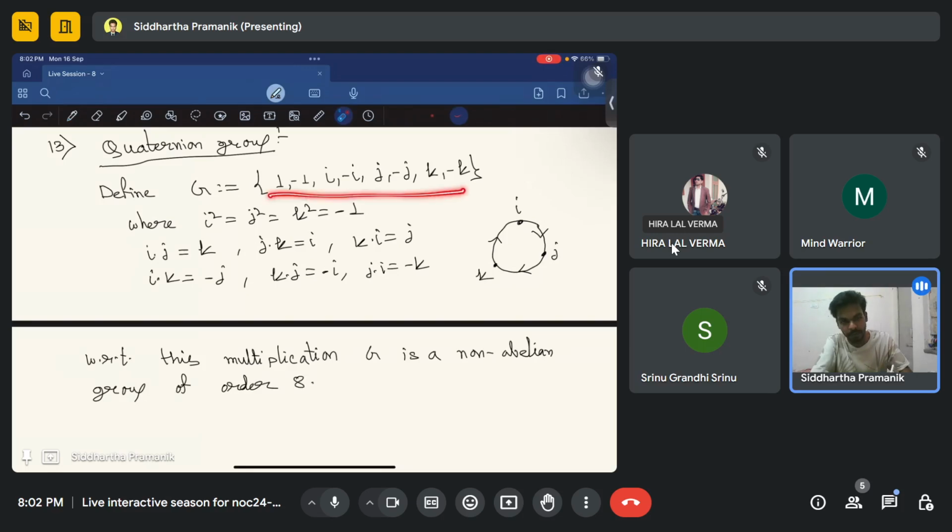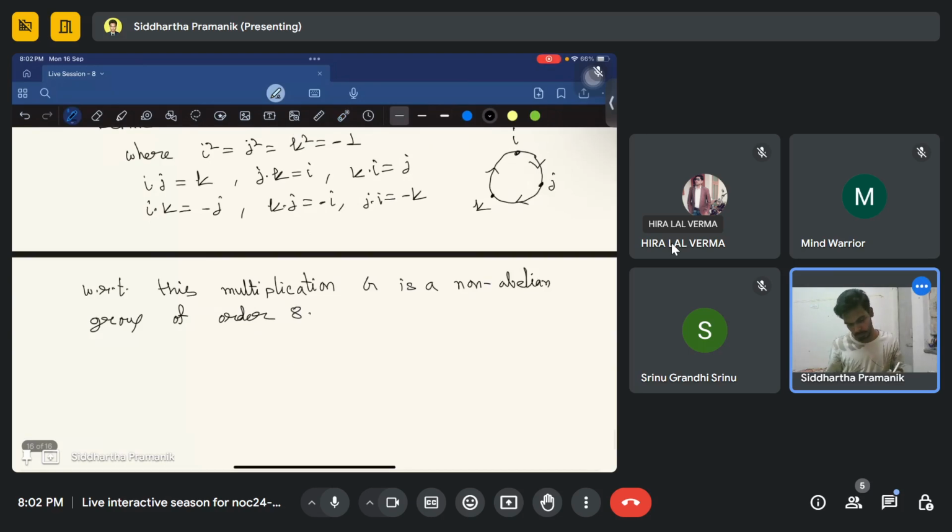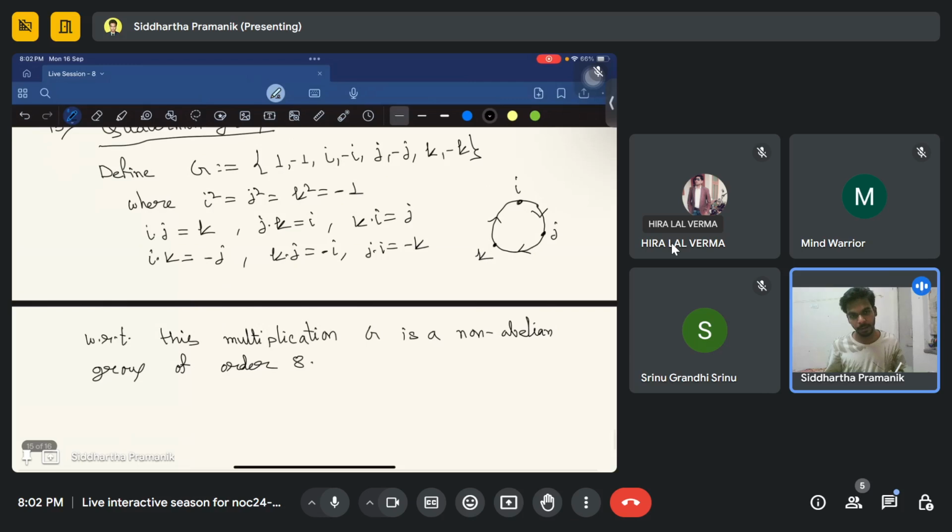We have 8 elements, so it has order 8, and it is a non-abelian group. You can do the multiplication table on your own.